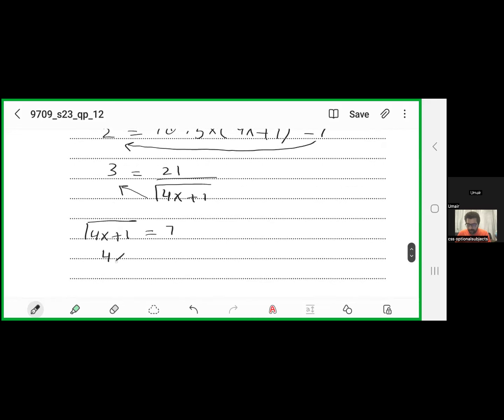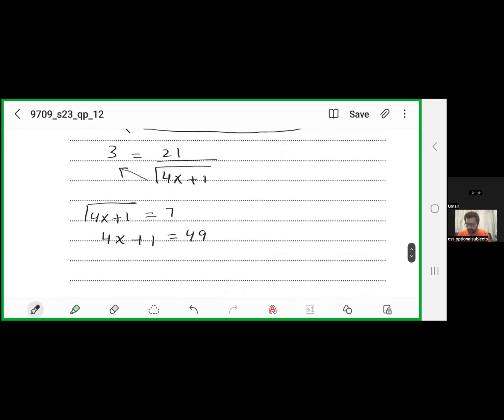Take square on both the sides. So 4x plus 1 will be equal to 49. 4x will be equal to 48. X will be equal to 12. You got x.